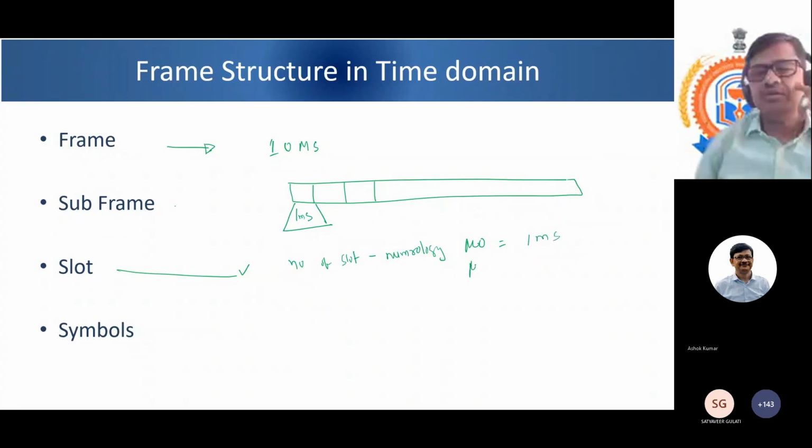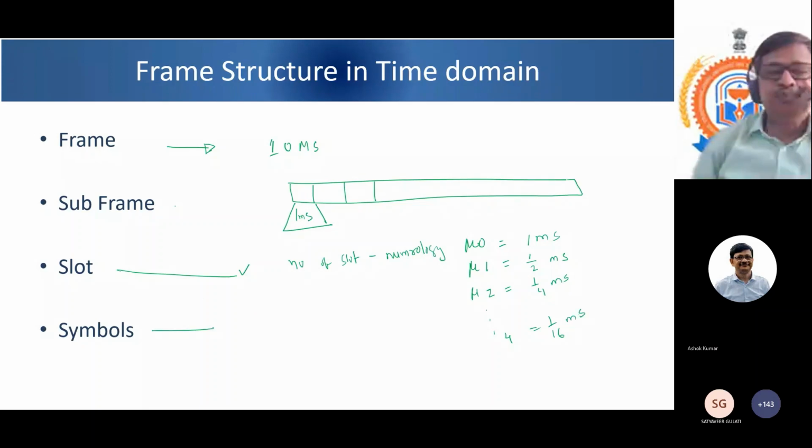If you have numerology 1, then your slot size is half a millisecond. If you have numerology 2, then 1 by 4 millisecond, and so on. You can go up to numerology 4, which is 1 by 16th of a millisecond.